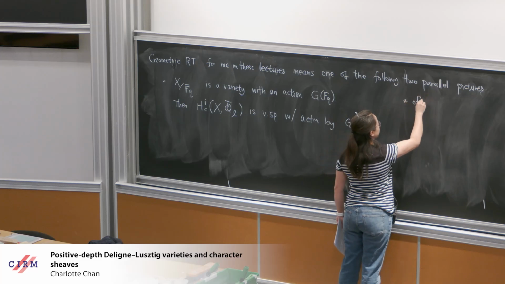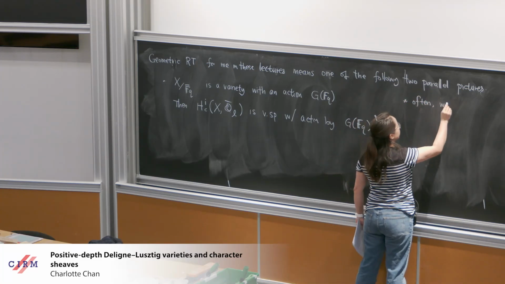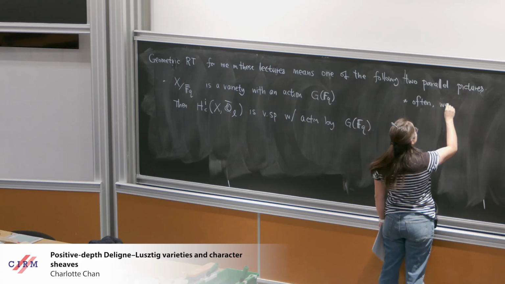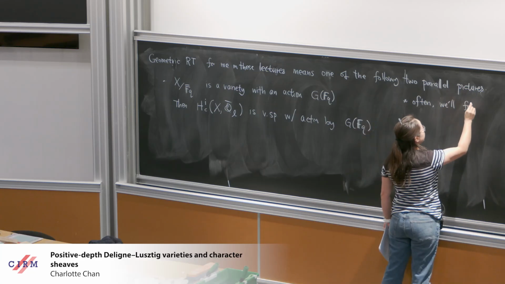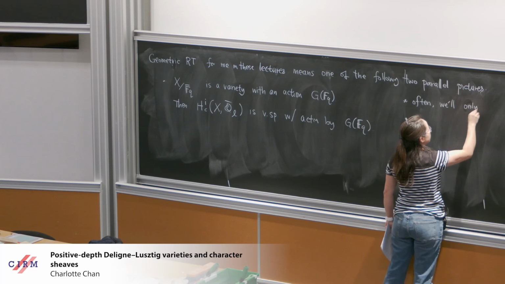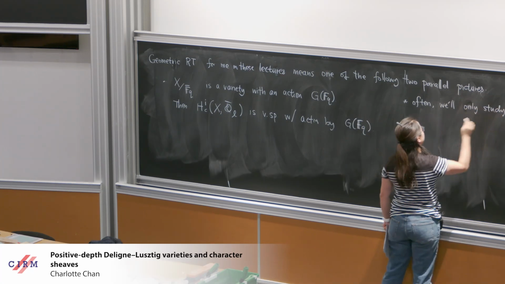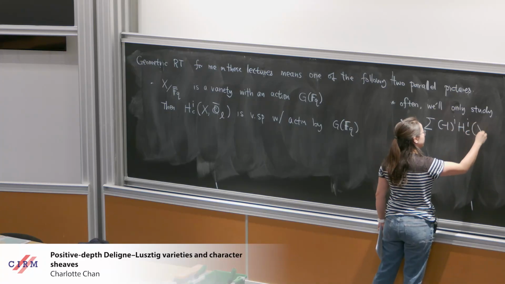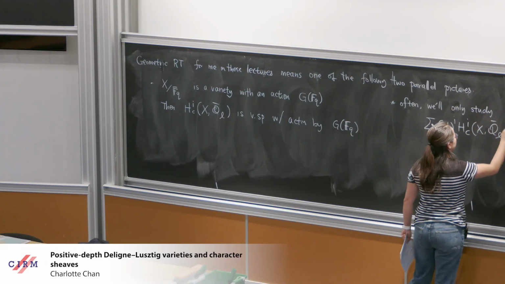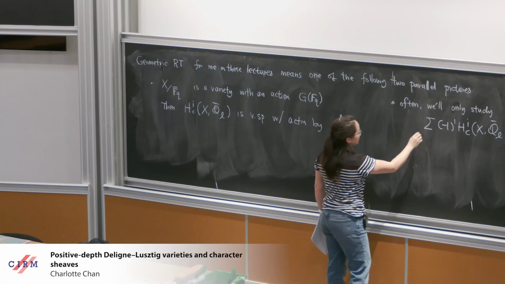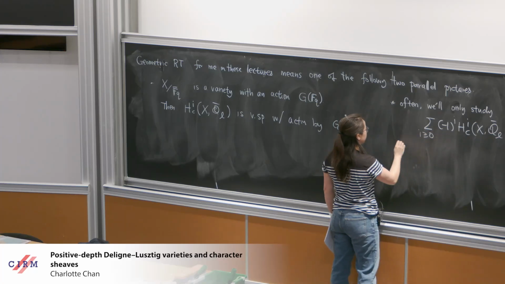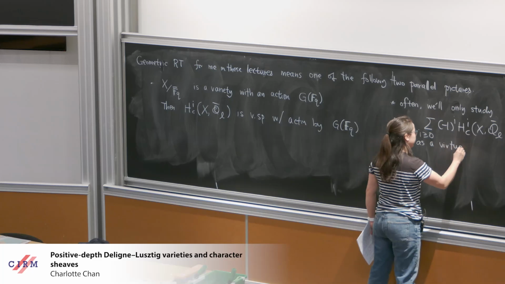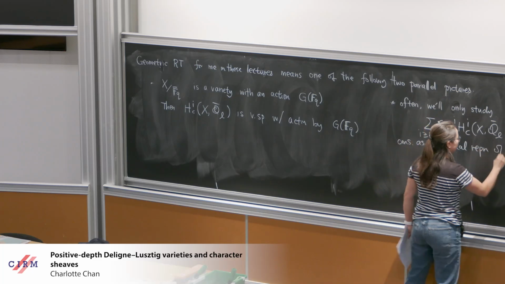Often, maybe always, we'll only study the alternating sum, considered as a virtual representation of G of FQ.